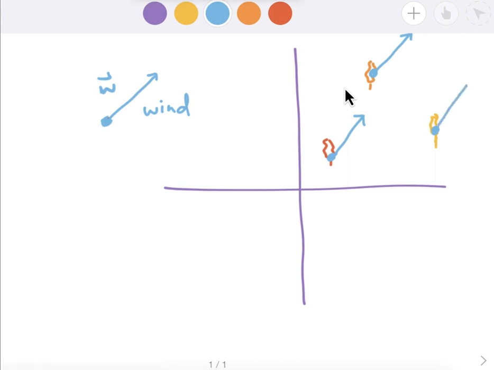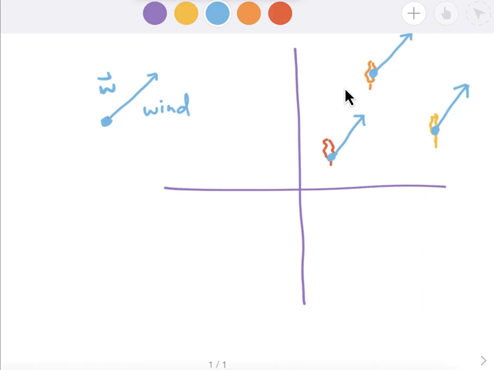So even though I'm starting at different places, I'm using the same wind vector to act on these objects with different initial points. So no matter what initial point I have, the object that I'm acting on is moving with the same direction and the same amount of force.